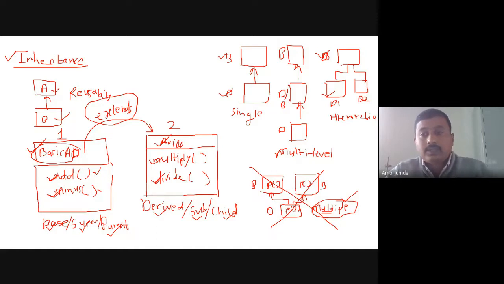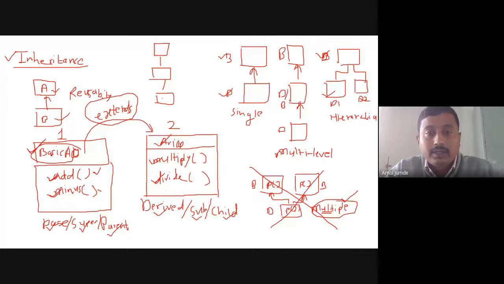And you can have a combination of these, and that creates a hybrid inheritance. So you may have a structure like this. This is a multi-level inheritance. And you may have it like this. Sorry, you avoid this.